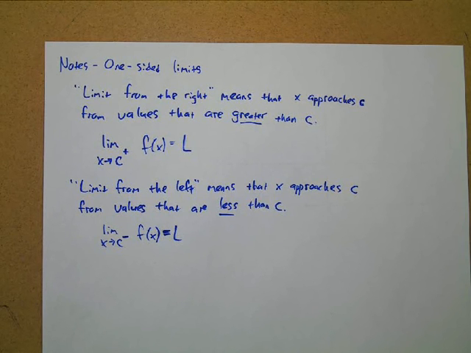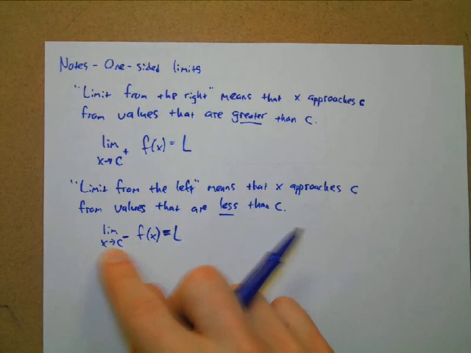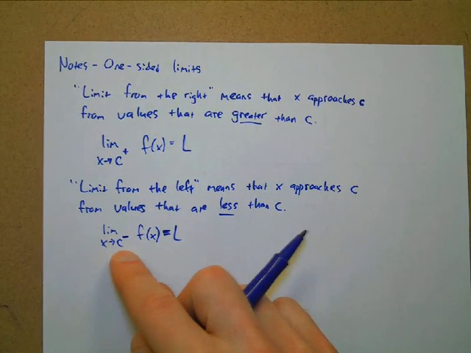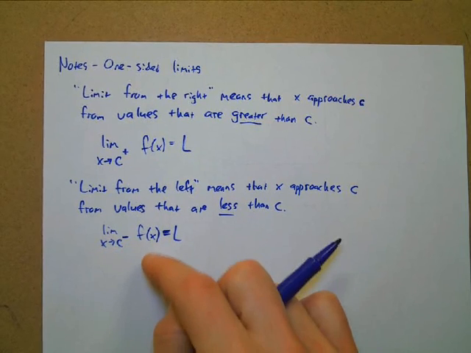Please just be careful with that, because you might be on the quiz, focused on trying to get everything right, and you might accidentally see something like this and think that we're really approaching negative c as opposed to c from the left. So please be on your toes for that. It's very easy to get those things switched around, so just be careful.